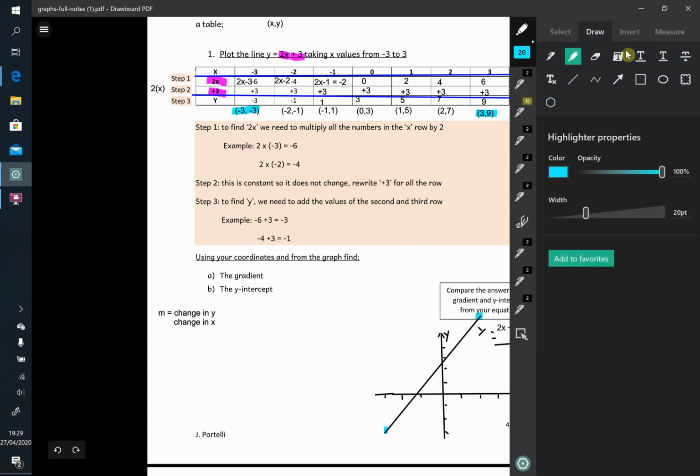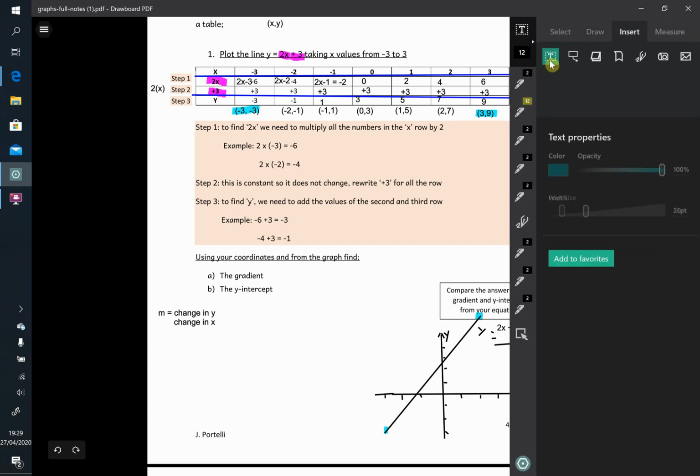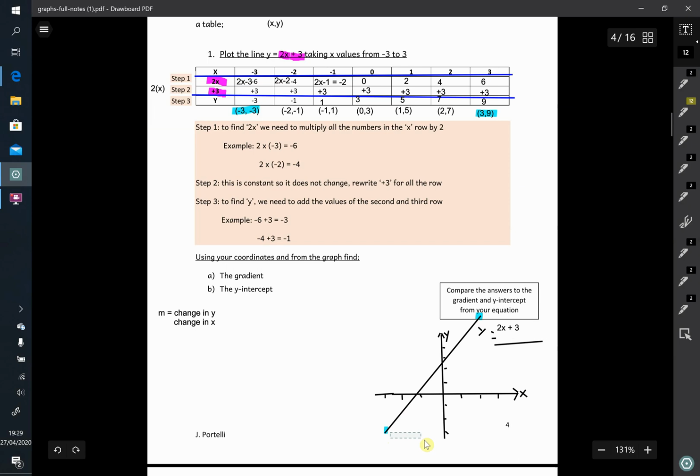You cannot mark it using the highlighter in the exam. So what you do is, in pencil, you mark the coordinates, to show the examiner that you are going to use -3, -3, and 3, 9. Put it next to the coordinate.